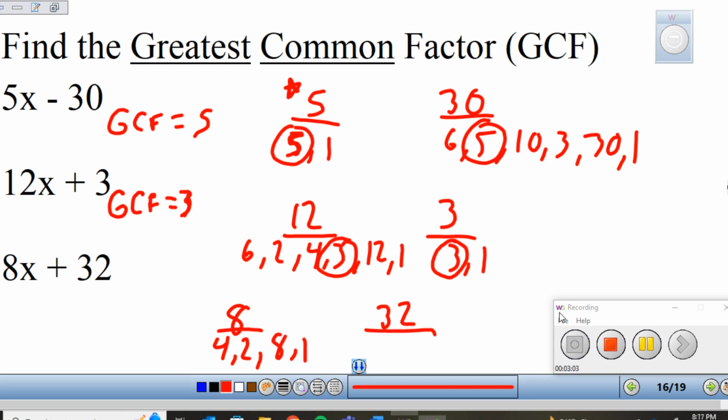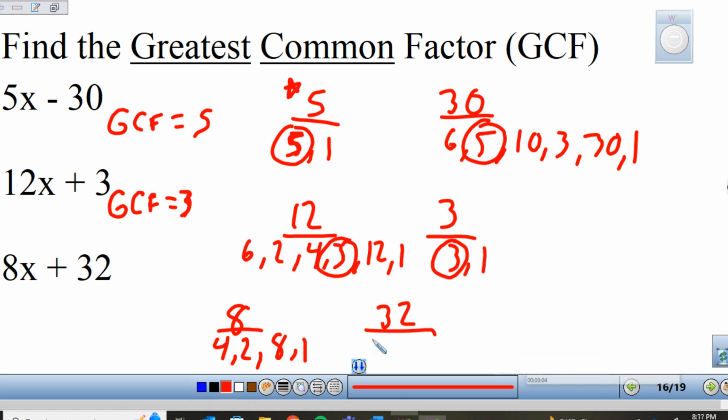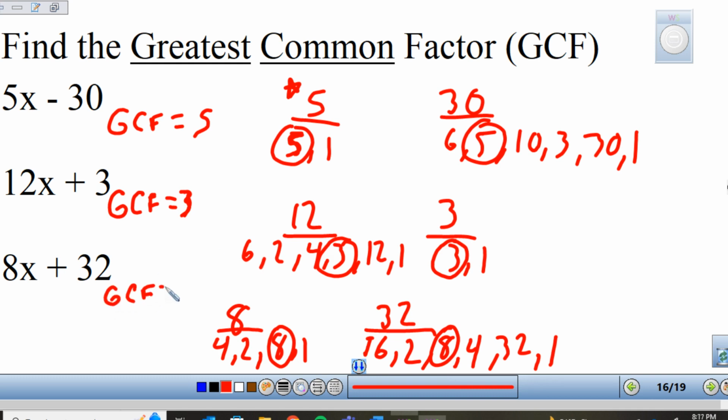For 32, the factors that multiply to get it are 16 and 2, 8 and 4, and then 32 and 1. We look for the greatest common factor between them, and we can find an 8 in both terms, which makes the greatest common factor 8.